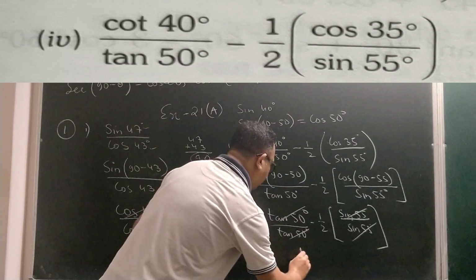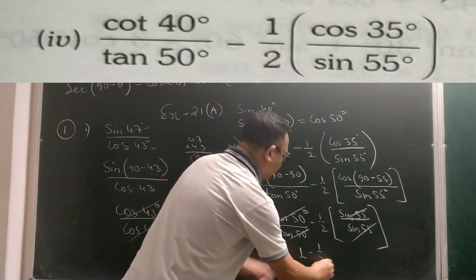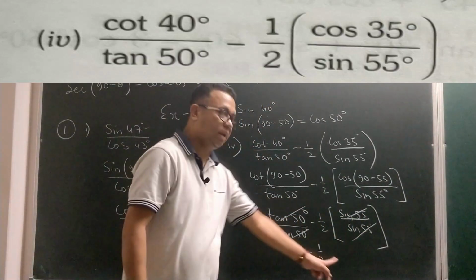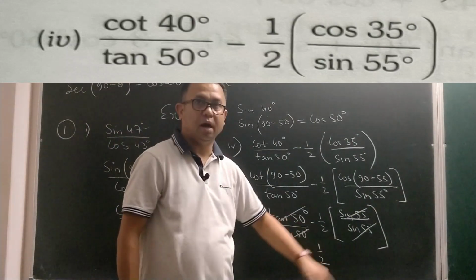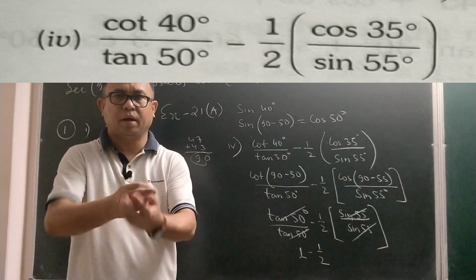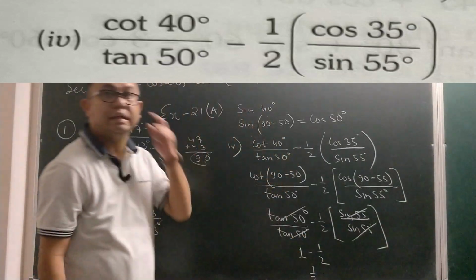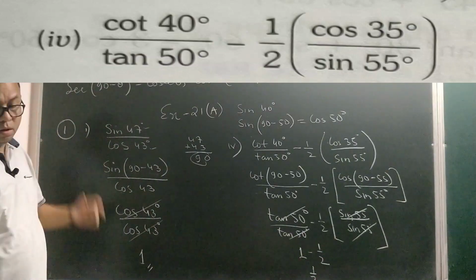You are left with 1 minus half, which is half into 1, also half. If from 1 you subtract half, what will you get? You will get half. So the answer is half. That is your question number 1-4.